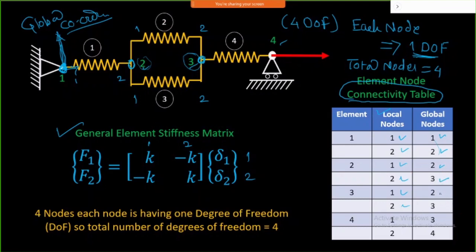The same nodes are shared as global, but it is adding up the stiffness. That is also to be taken into account, because these two springs are connected in parallel and they are sharing the load. And here node number 2 and node number 3. Similarly I can have node number 3 and 4 for the 4th element, and I got this.